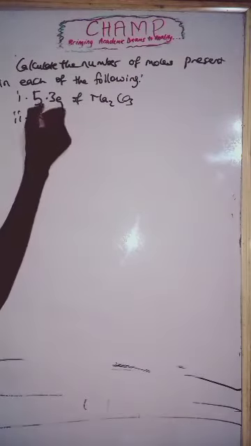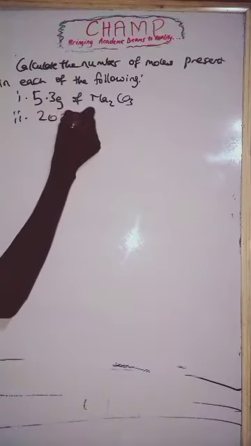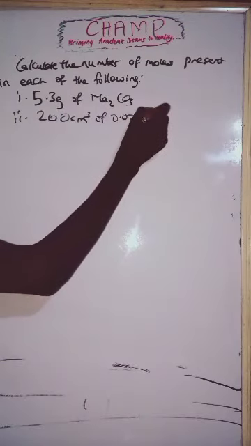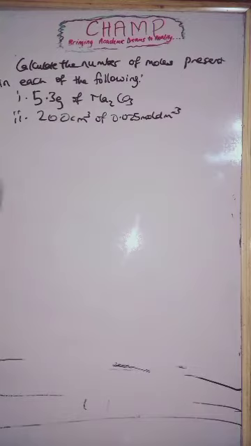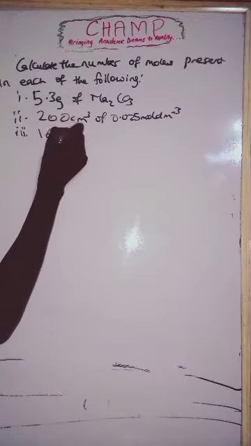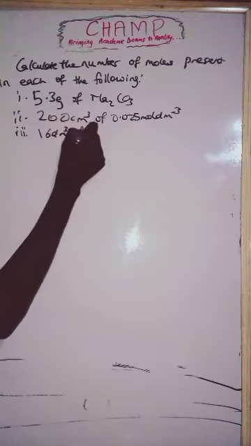Roman figure 2, 200 centimeter cube of 0.025 mole per dm cube. Roman figure 3, 16 dm cube of hydrogen gas at STP.